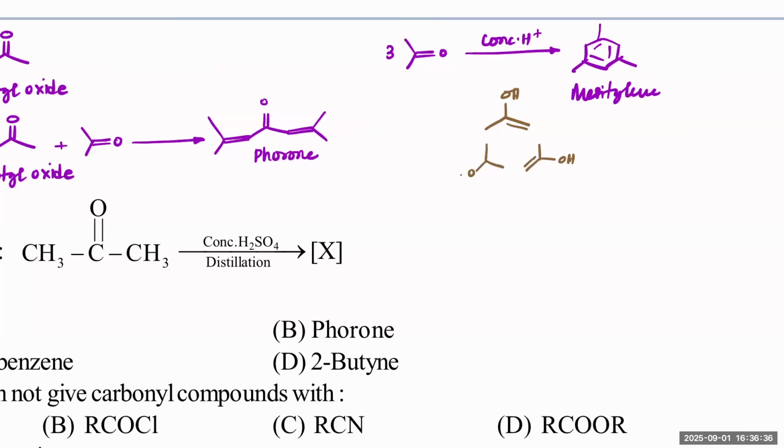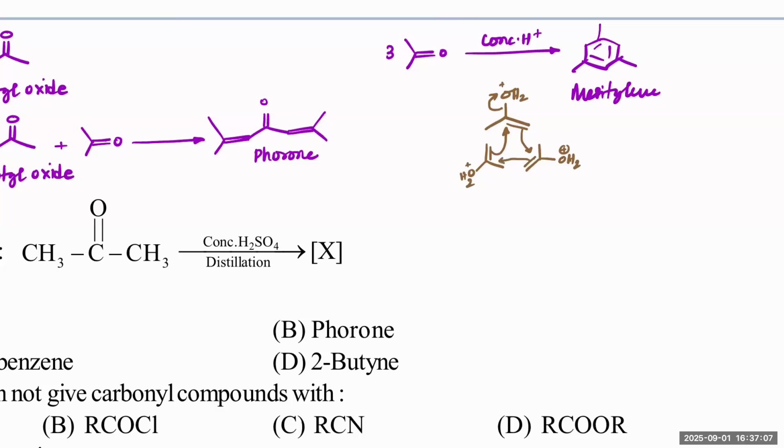Now imagine protonation happens here first. This will try to go as OH2. That's where this pi bond will attack here. This will try to go as OH2, and that's where this pi bond attacks here.